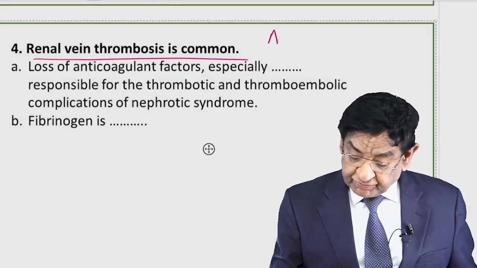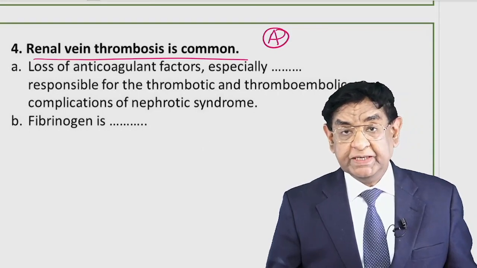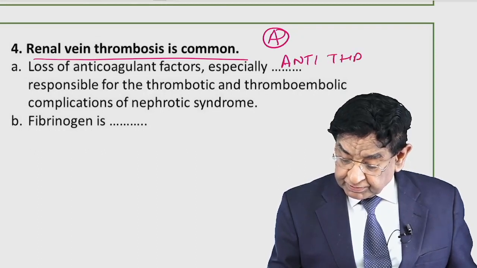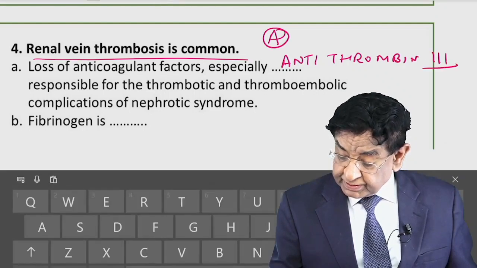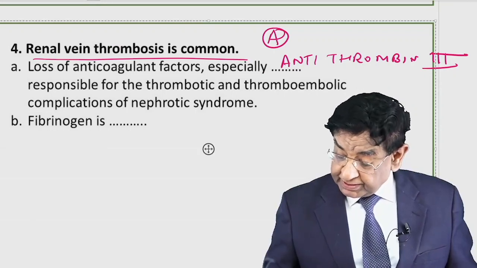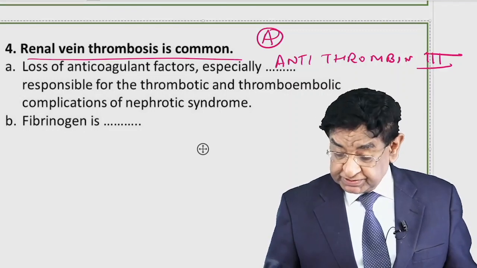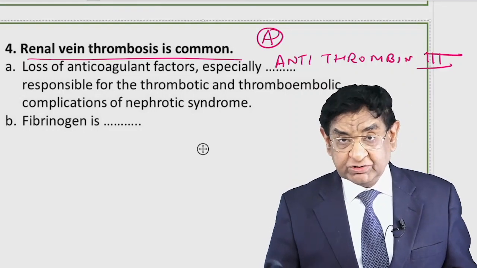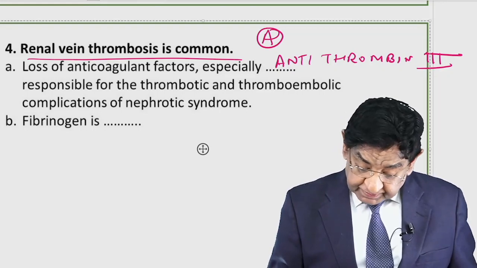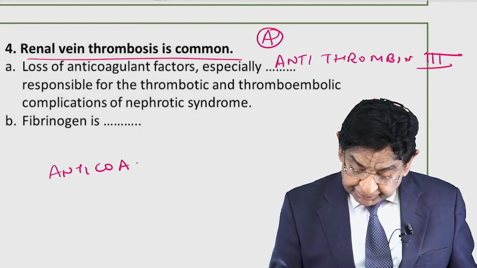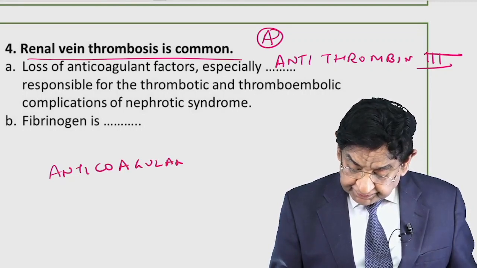That means there is loss of albumin, but other proteins also go out, that is antithrombin III. Antithrombin III is also excreted in the urine. And we all know very well that antithrombin III is a very powerful natural anticoagulant in the body.